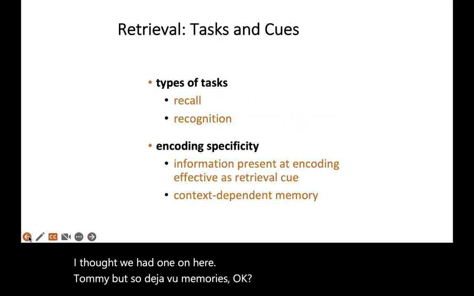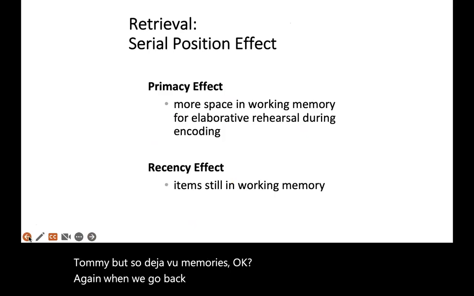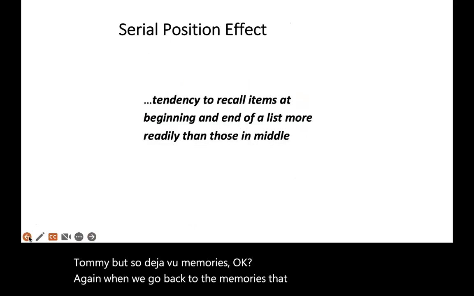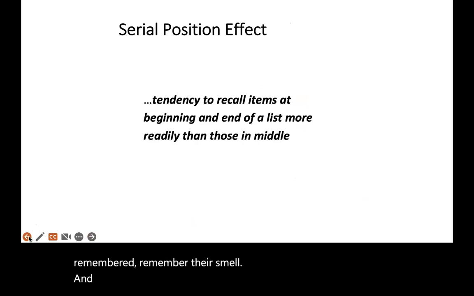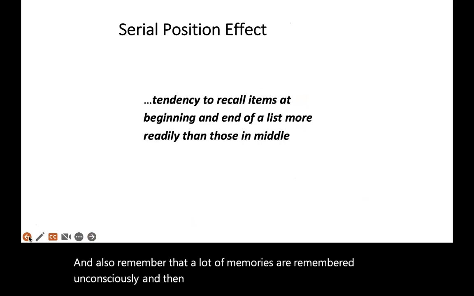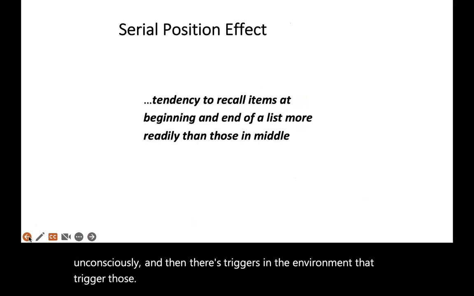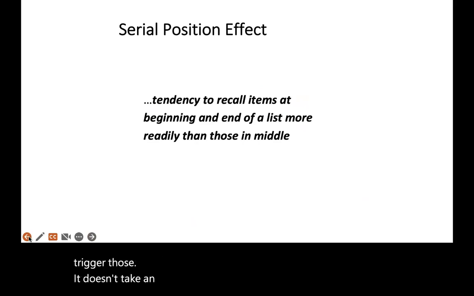Again, when we go back to the memories that are most easily remembered, remember their smell. And also remember that a lot of memories are remembered unconsciously, and there are triggers in the environment that trigger those. It doesn't take an entire scene for you to remember something.